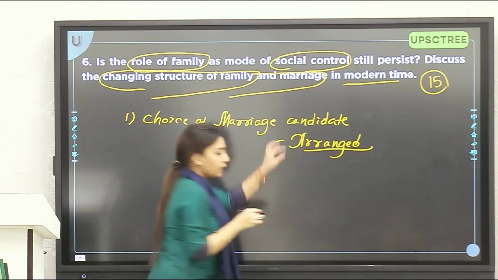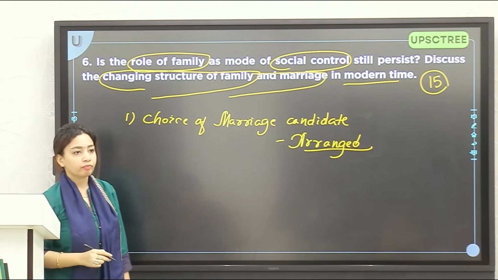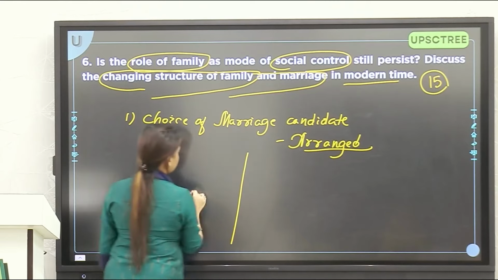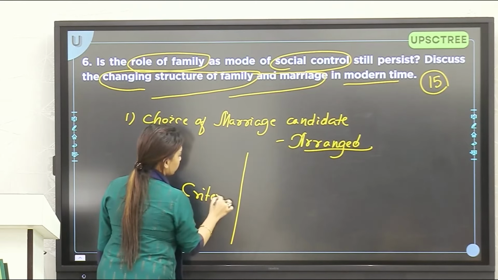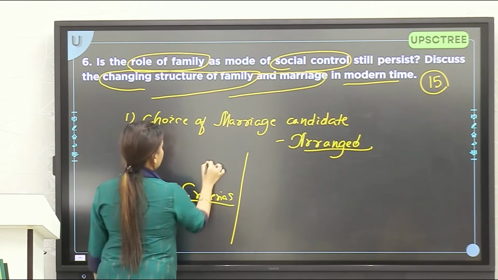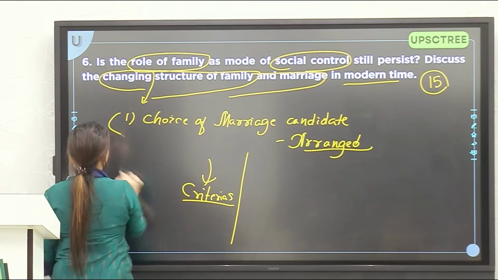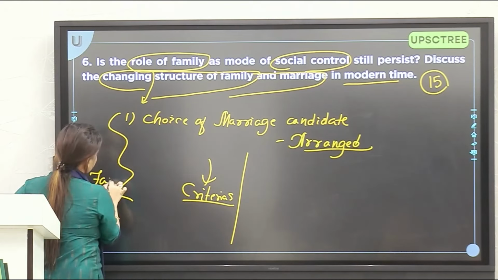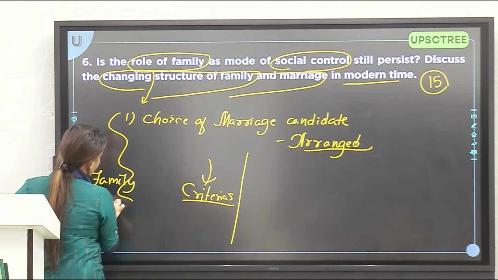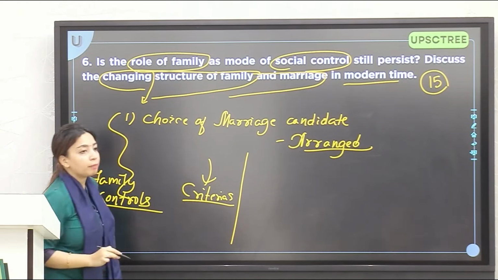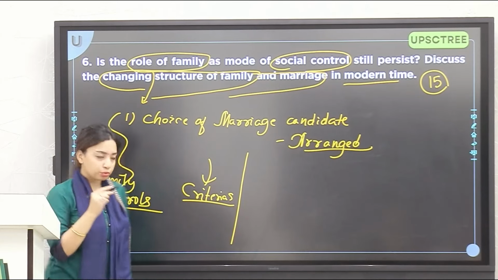So what are the criteria of arranged marriage? How the family controls. Family controls. Control of families is also studied through social system.